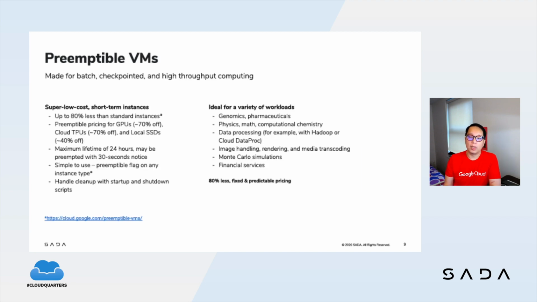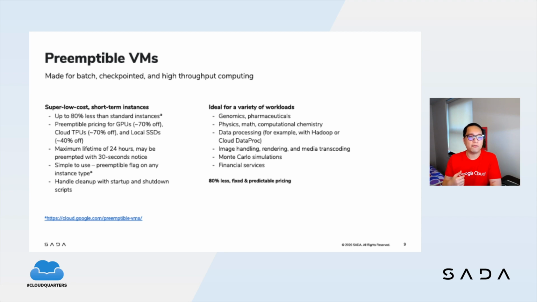Preemptible VM. What I discussed before is predefined families and also customized VMs, which are for long-term usage. But sometimes when you're running high spike workloads, like geometry, mathematical computation, data processing like Hadoop or Spark workloads, or even Monte Carlo simulation, you just need a short term of multiple VMs.